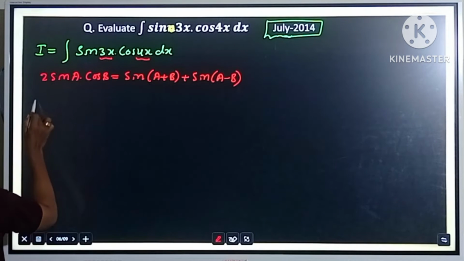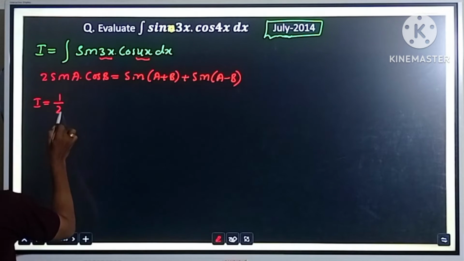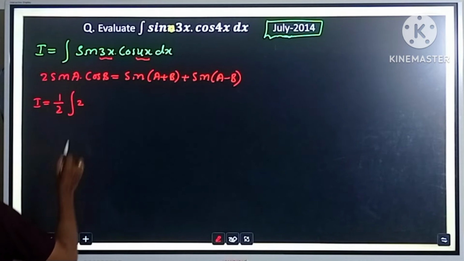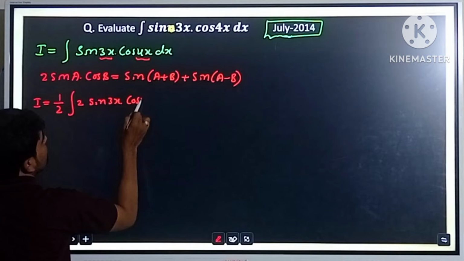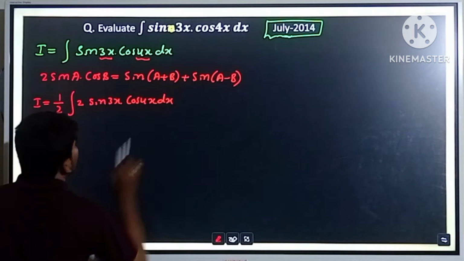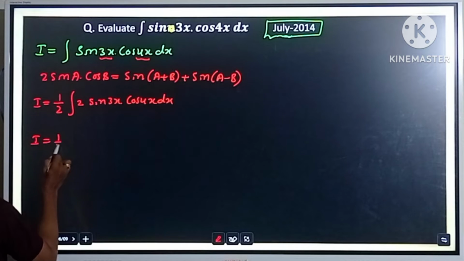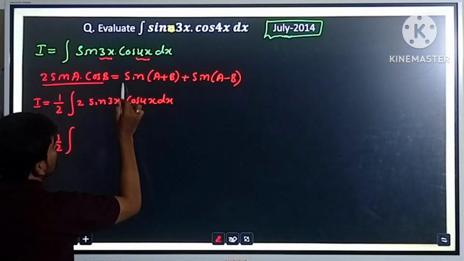But 2 is not in multiplication form. So that's why firstly I am going to divide by 2 and multiply by 2 in the integrand, then into what? Sin 3x into cos 4x dx. I hope all of you are understanding. Now I is equal to 1 by 2 into the integration of, see here, 2 sin A cos B equals what?